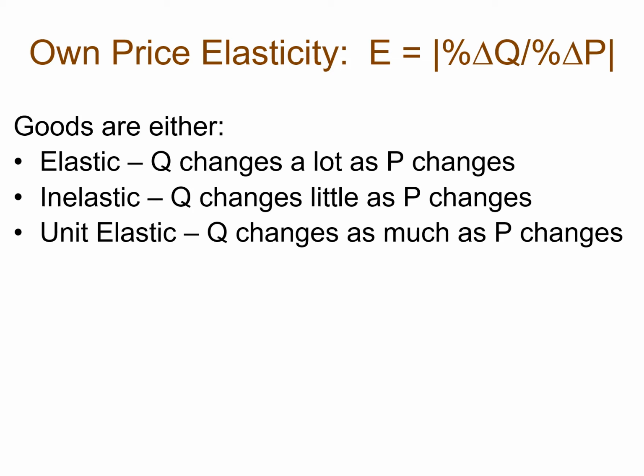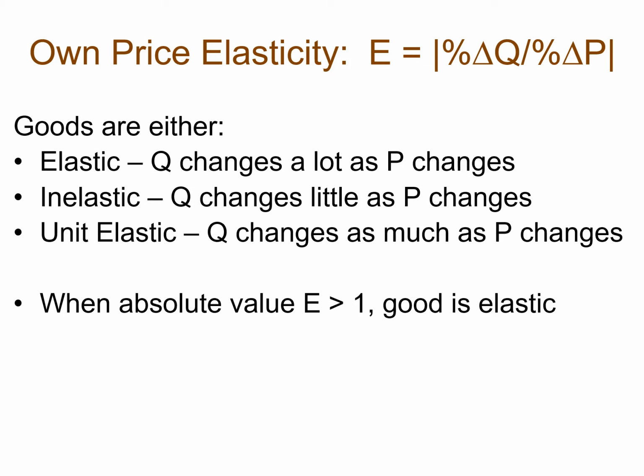Inelastic means when you change price, demand changes very little. It still changes, but just not very much. Then unelastic simply means price and demand changes are proportional. When you increase price, let's say by 1%, demand decreases by 1%. So it's in between sensitive and insensitive.